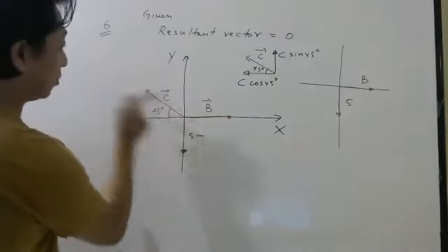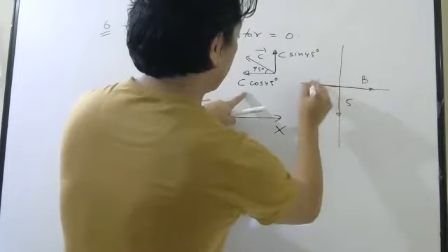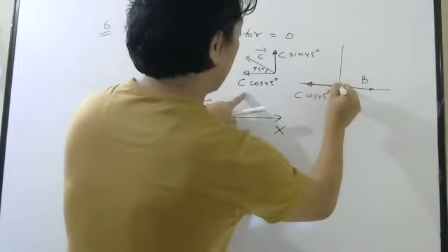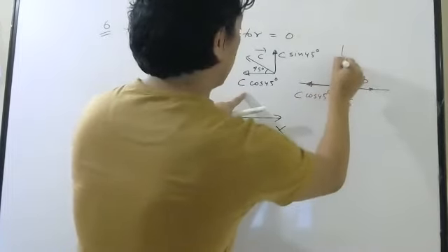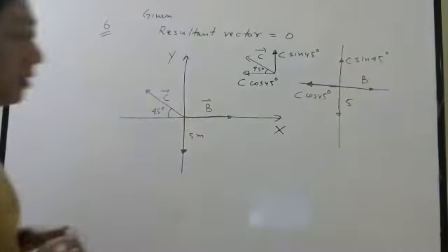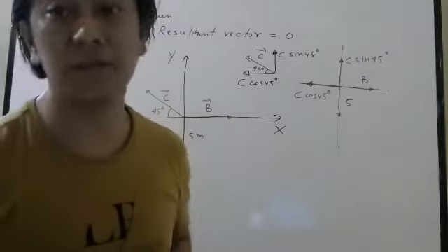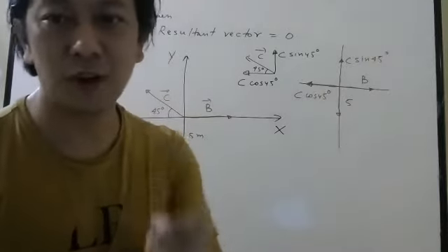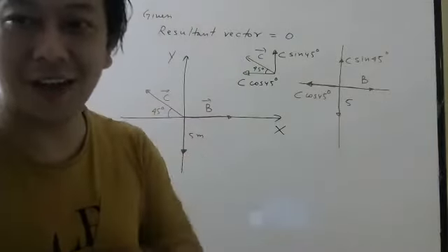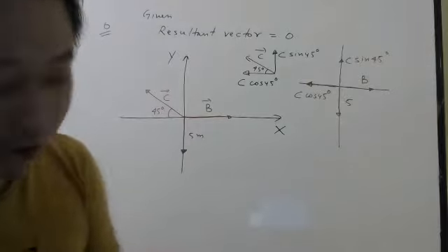And this vector has two components, one here, which is your C cos 45, and one here, which is your C sin 45. This is what happens after you take components of all three vectors. However, we took components of only this because these two are already sitting along the x-axis and y-axis. So why take components along x-axis and y-axis?